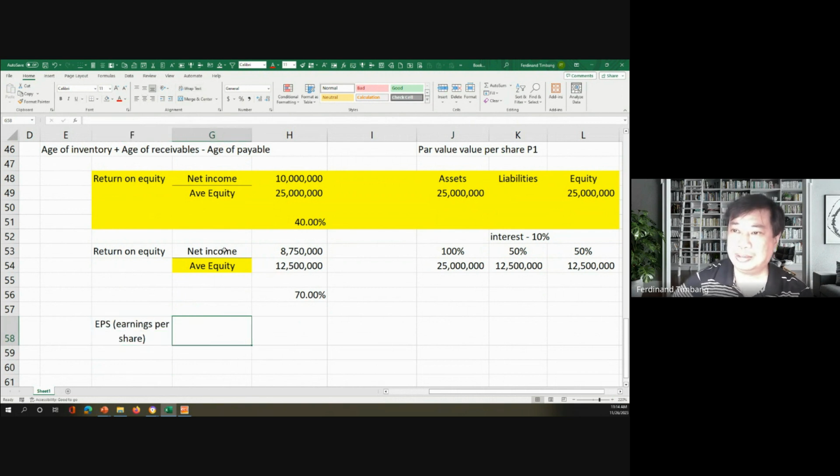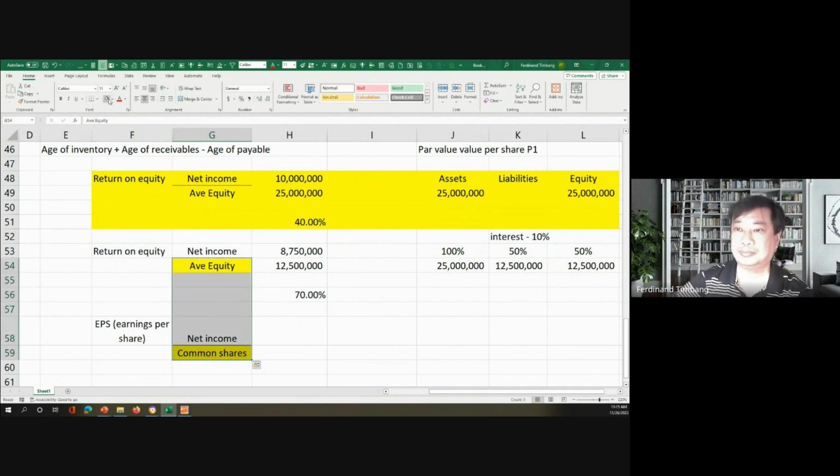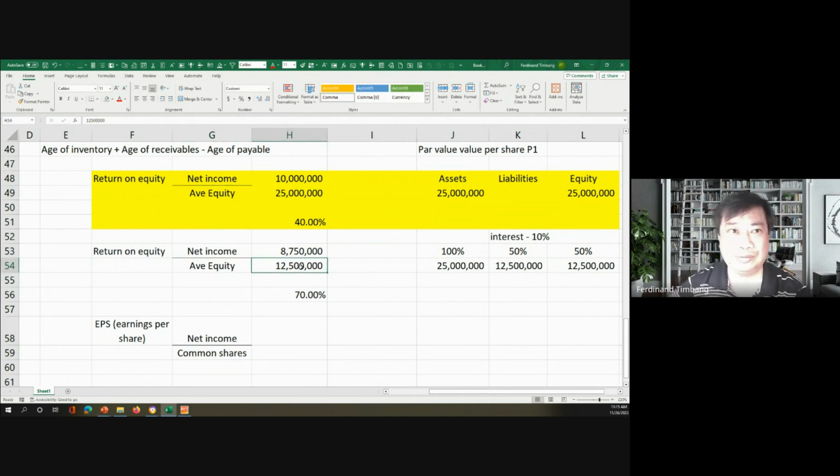Ang formula naman yan ay net income over yung common shares. Nagkamali ako kanina. Common shares to. So yung nandito, absolute amount yan. That is in peso. But this one is the common shares. So if you have, let's say, the same example, lalabas dito, magkano yung common EPS natin dito.